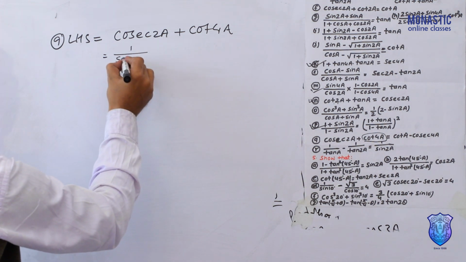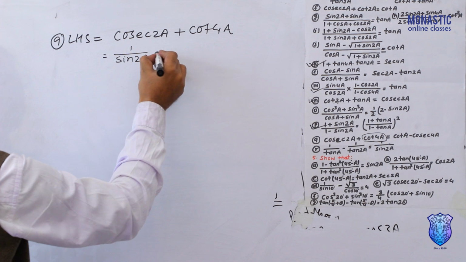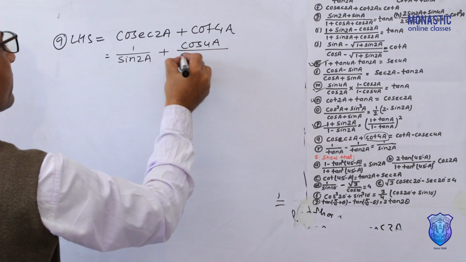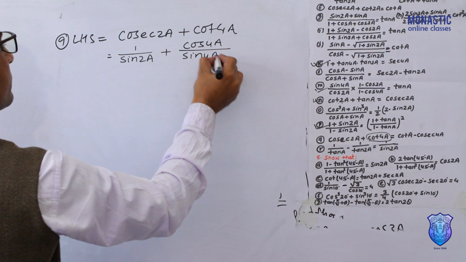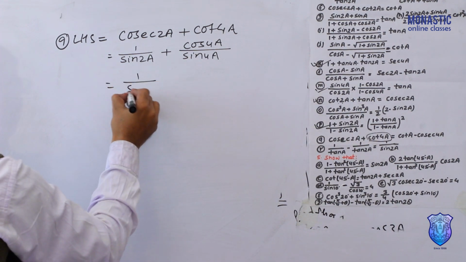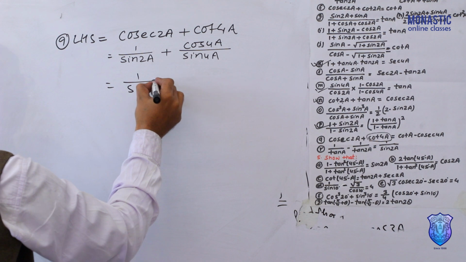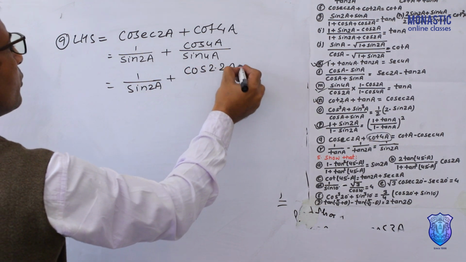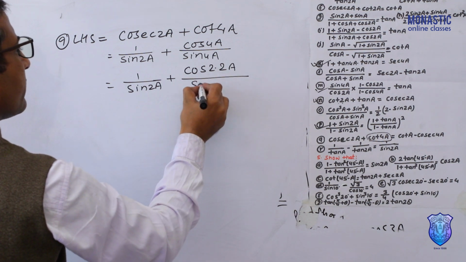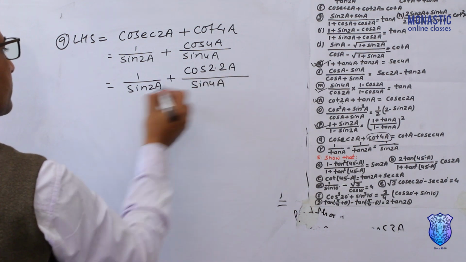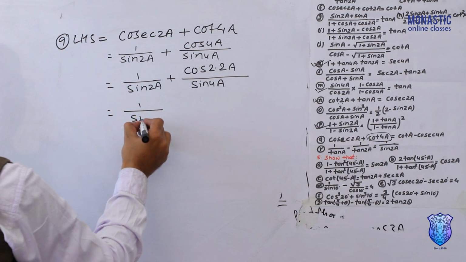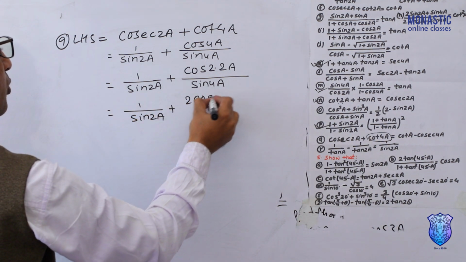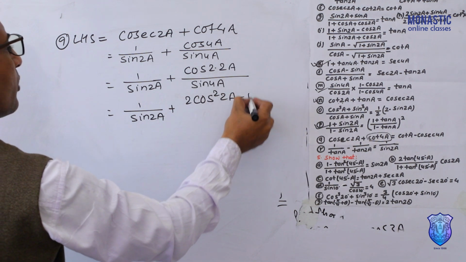Now you can write 1 by sin 2A plus cos 4A by sin 4A. Convert this into 2A. Cos 2 into 2A by sin 4A. It came 2 cos square 2A minus 1.